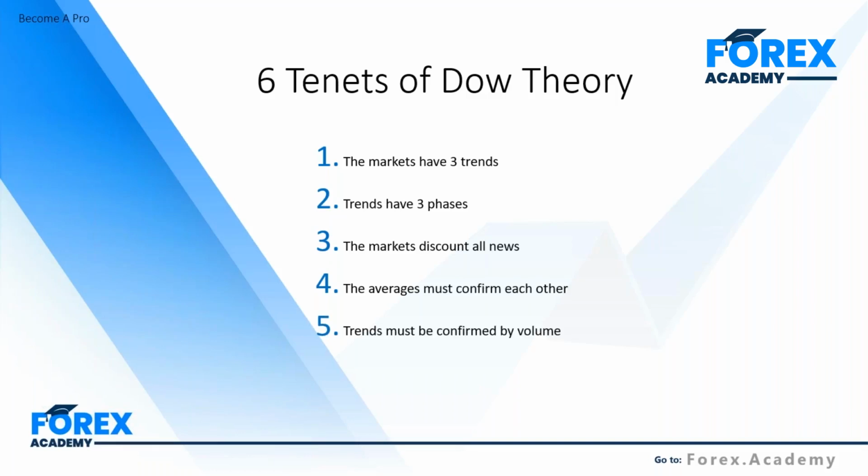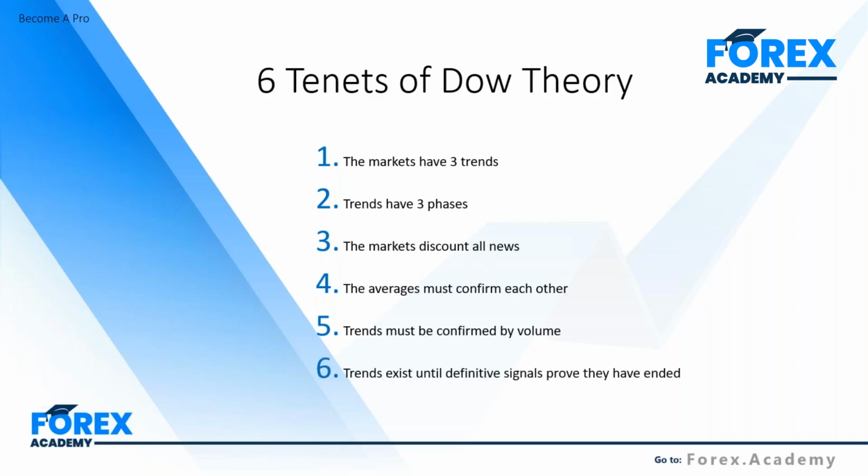Trends must be confirmed by volume, and that's very interesting. The more participation entering the markets, the more we can take from that. The more interaction there is in any market, of course, the more price discovery there is. Does that make sense? And trends exist until definitive signals prove they have ended.